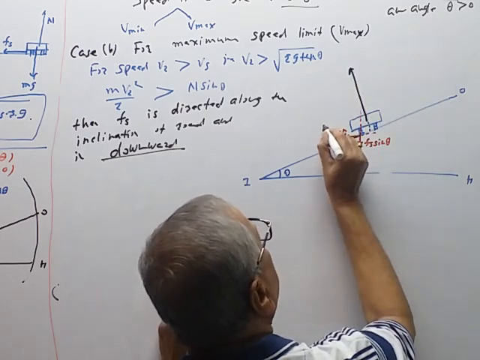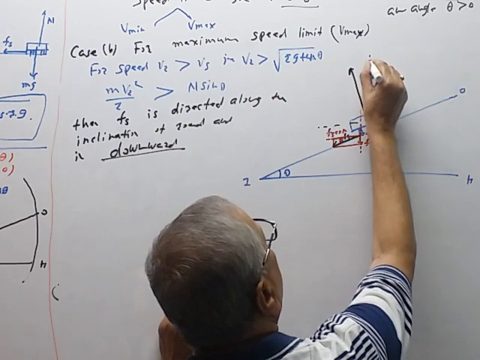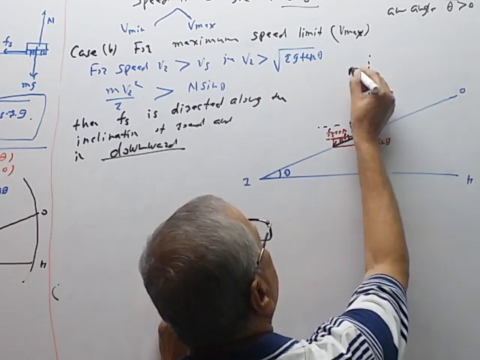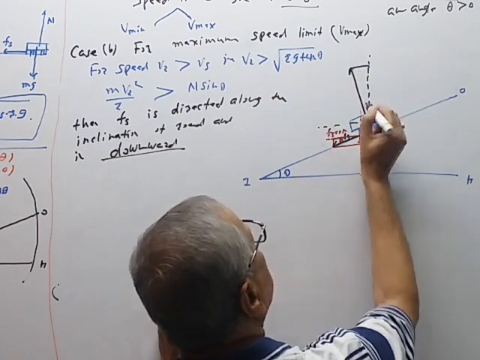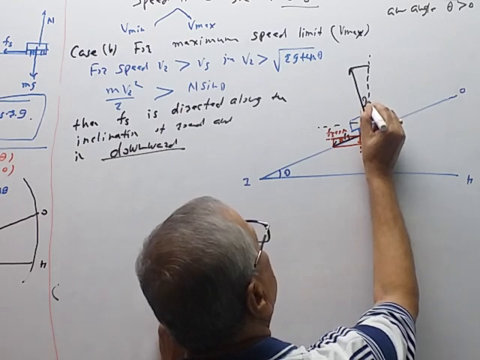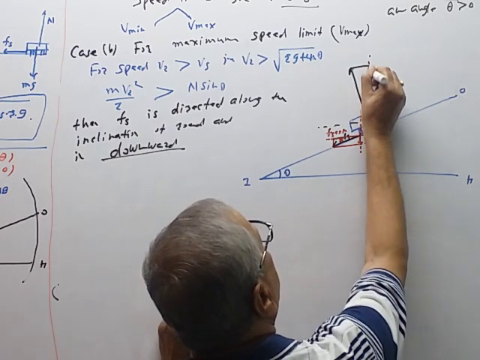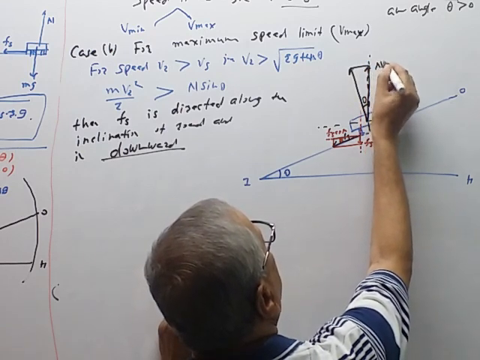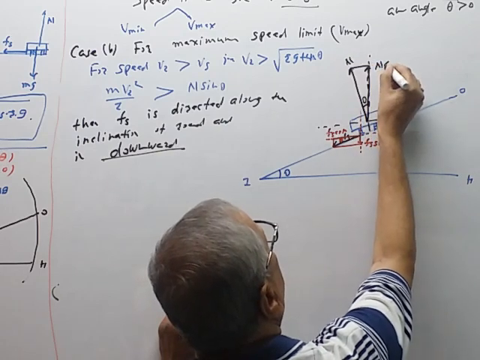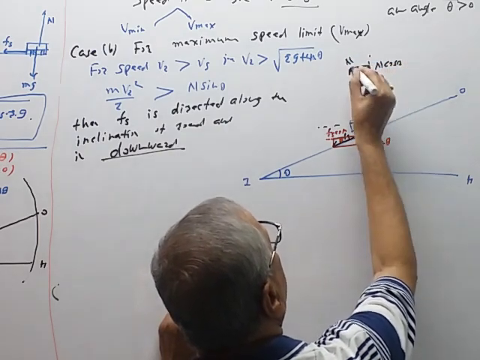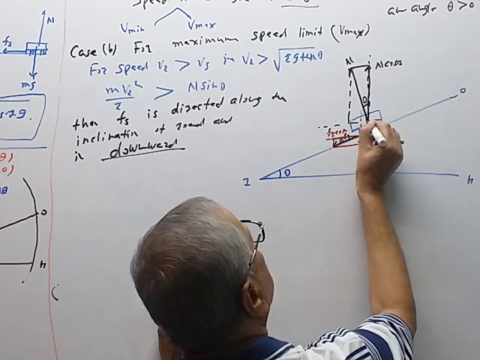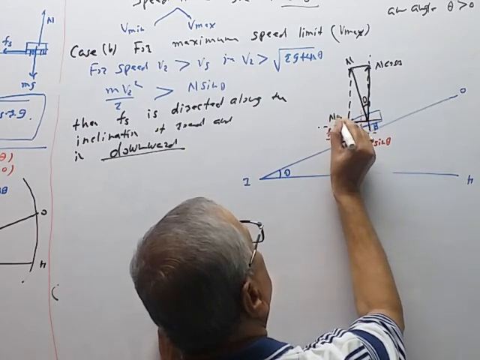So we can divide this n also into the two components. So draw perpendicular. So if this angle is theta, we have proved this also theta. So this is n cos theta, the component adjacent to theta, and this is n sin theta.